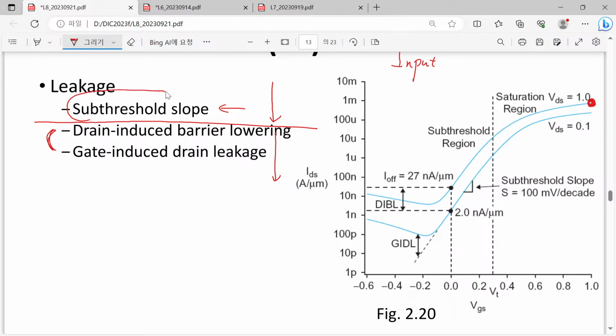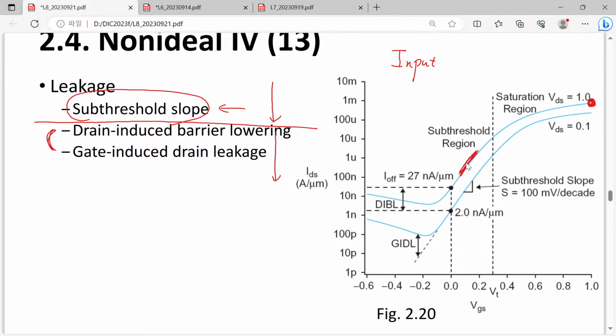This subthreshold slope means the slope shown here. In the semi-logarithmic input graph, you can find a certain slope here, and this slope typically has the unit of millivolt per decade.